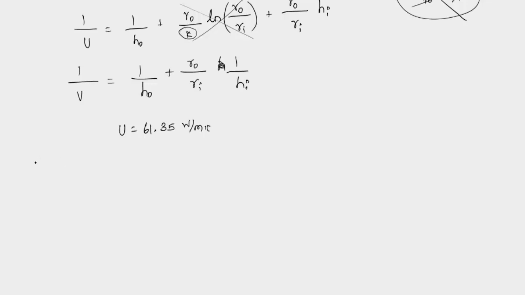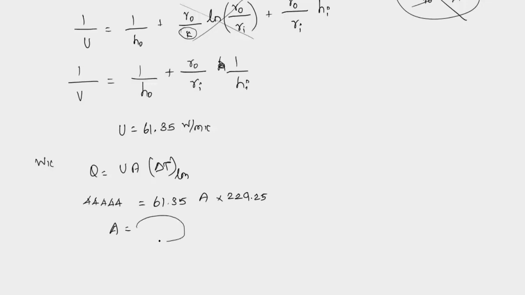Now we know that Q equal to UA del T LM. Now Q value is 44,444 watts, which is equal to 61.35 into area into del T LM, which is 229.25. So just find out the area value.